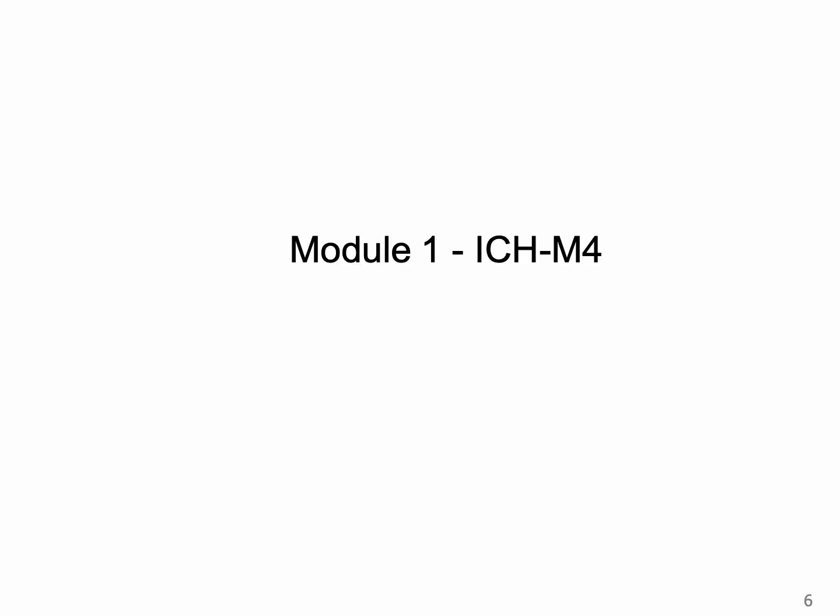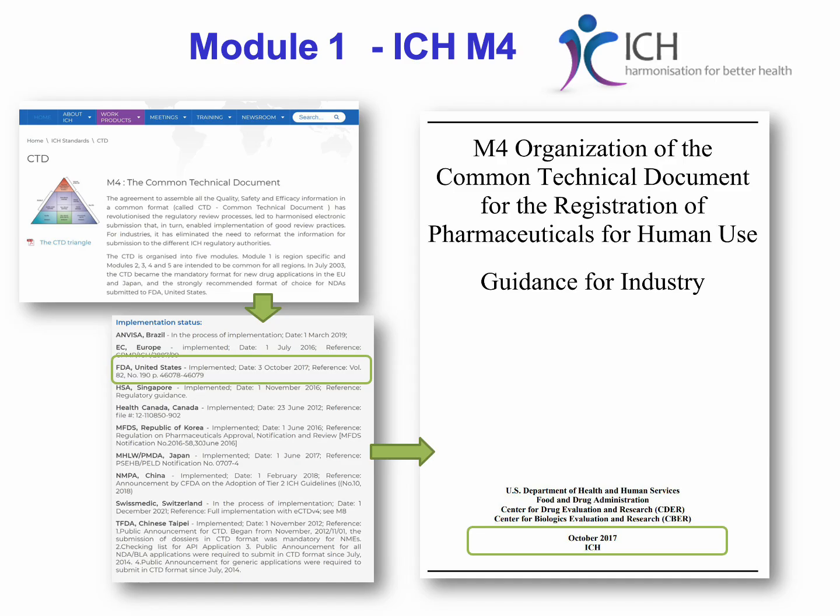Now let's go over the module 1 as per ICH M4. When you look at the module 1 for ICH M4, you can see on the top left of the slide that it relates to the M4, and the M4 is the Common Technical Document.